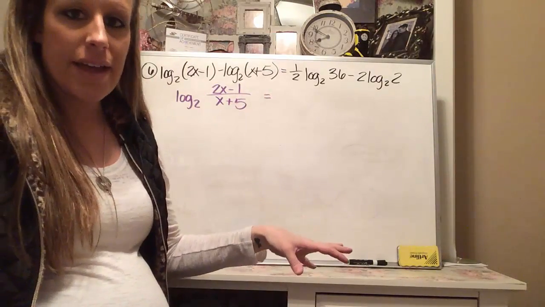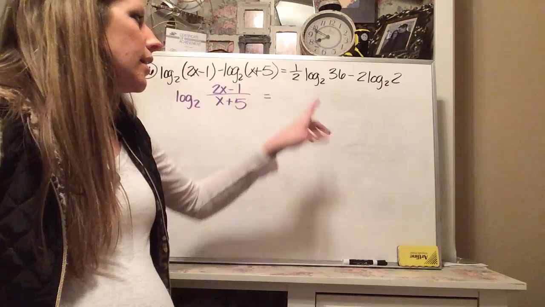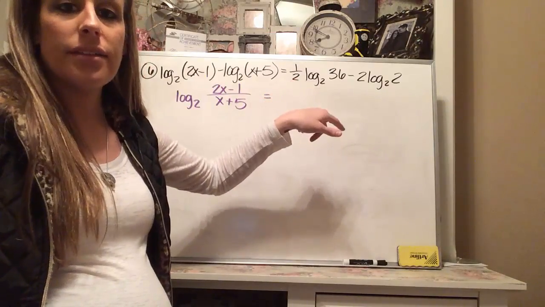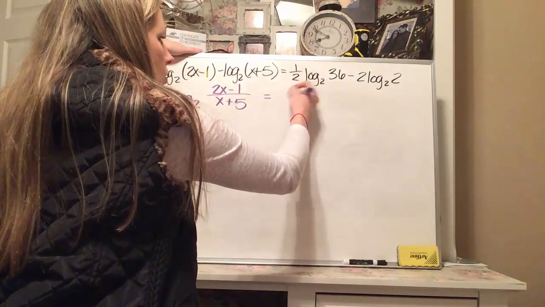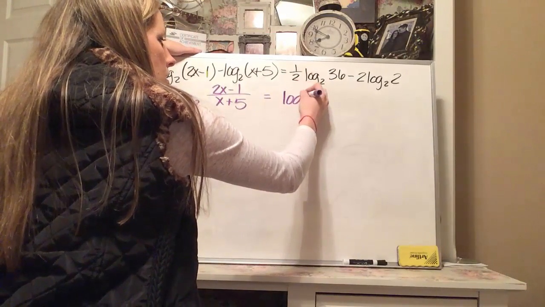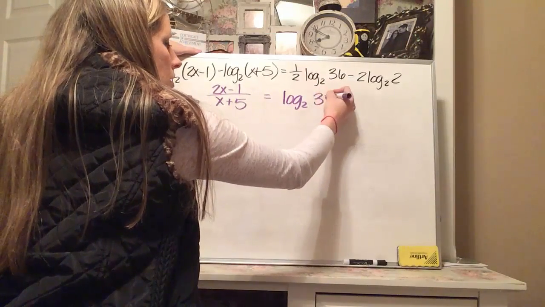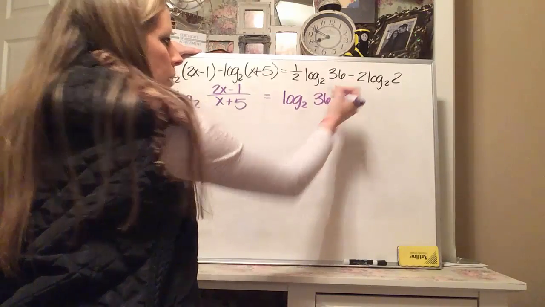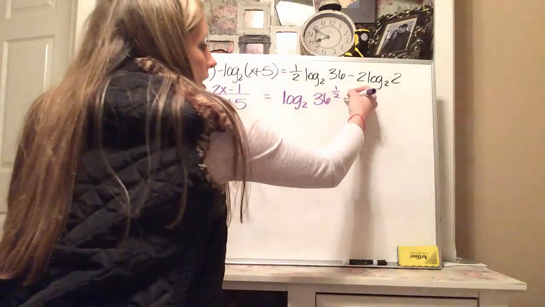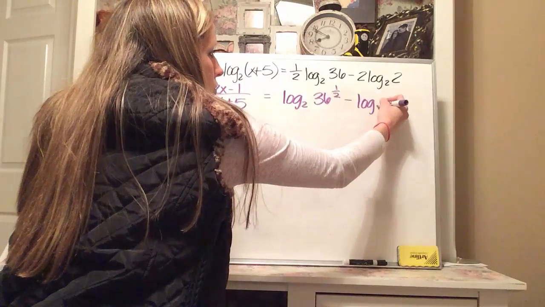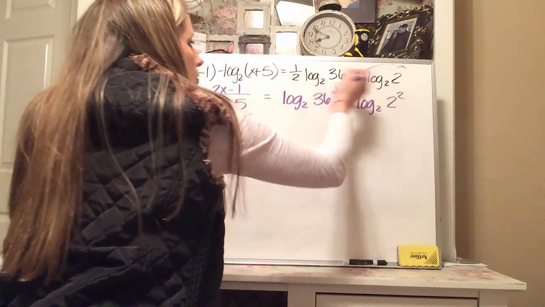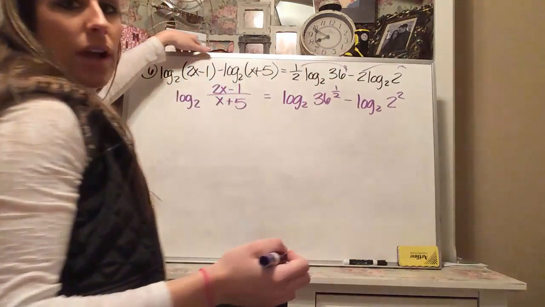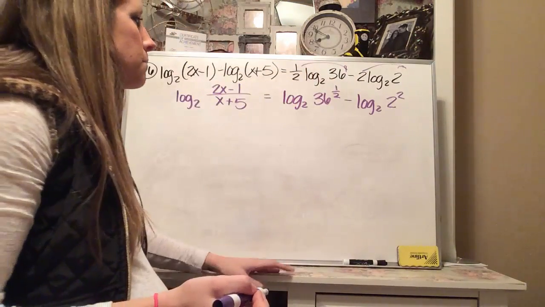On the right side, when we simplify it, we have numbers in front that we need to make powers. So on the first one, log base 2 of 36 to the 1/2 power minus log base 2 of 2 squared. I just moved that number in front to the exponent.